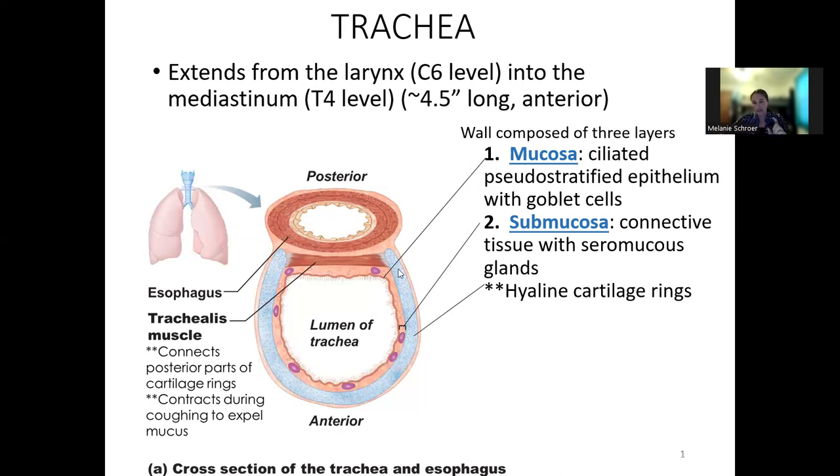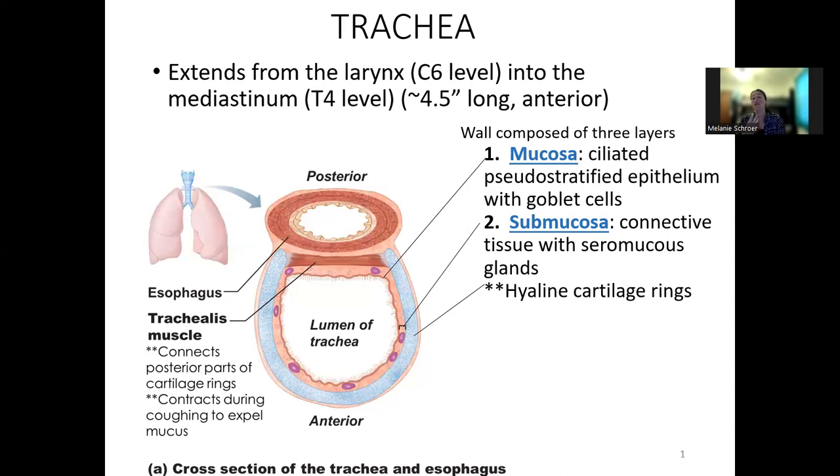Okay. We can see that these rings are not completely round, right? So they're not continuous. It's not a ring itself. They're actually in the shape of a C. And so what is going on with that? Well, it is really important for us to be able to kind of flex these cartilaginous rings for a couple different reasons.